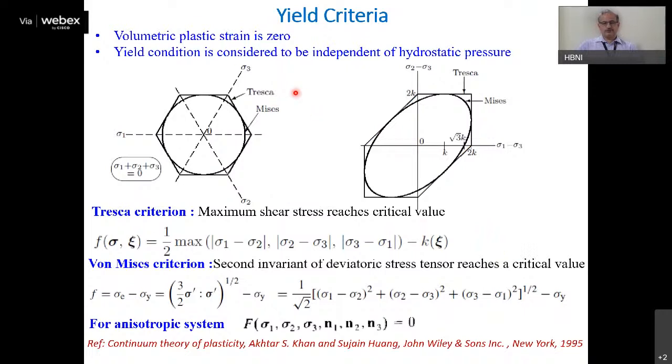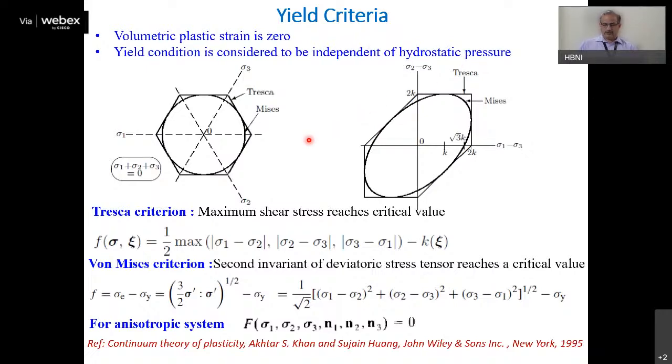First and foremost, on this deviatoric plane, we don't consider any change in volume, so the volumetric plastic strain is 0. We are talking about some pressure condition, and only about the deviatoric stresses. So the yield condition is considered to be independent of hydrostatic pressure.